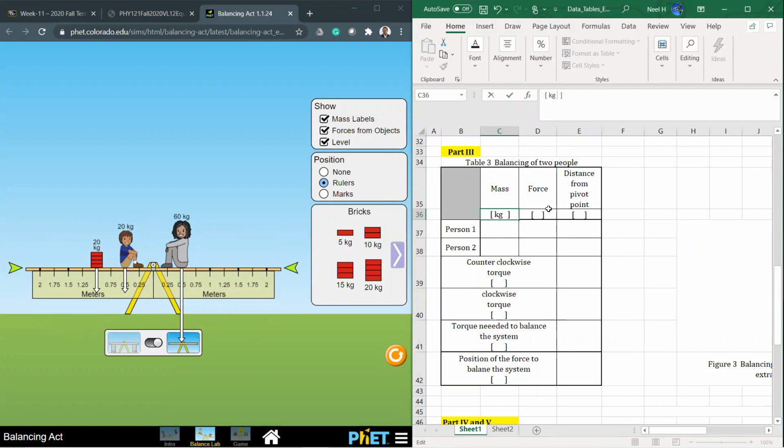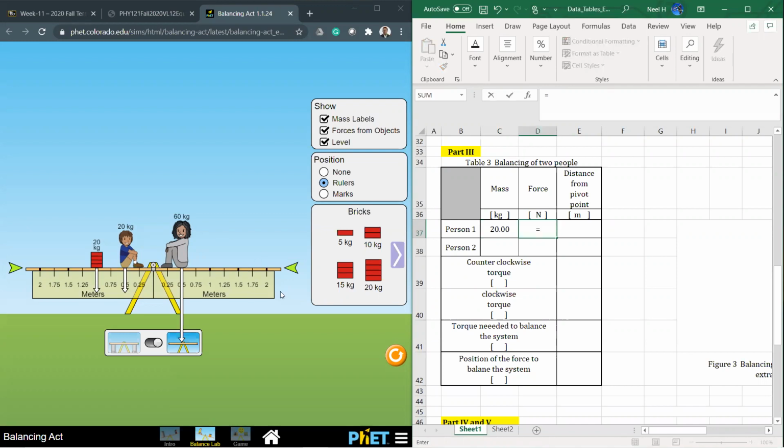Okay, mass in kilograms, force in units of newtons. Do that calculation yourself. That will be useful, but I'm not going to do it again. Distance from the pivot point, unit meters. Let's consider person 1 is the 20 kilogram guy, the small guy, right?